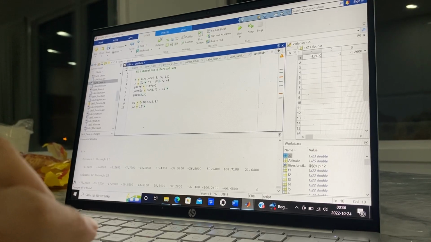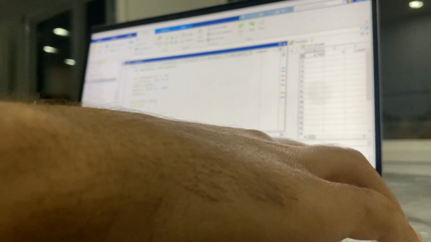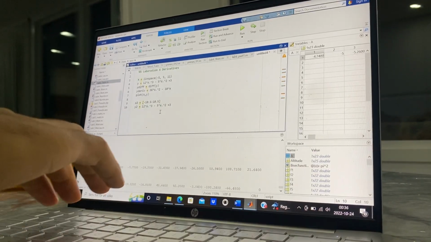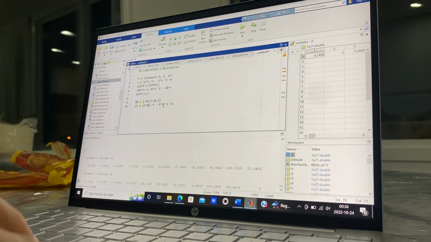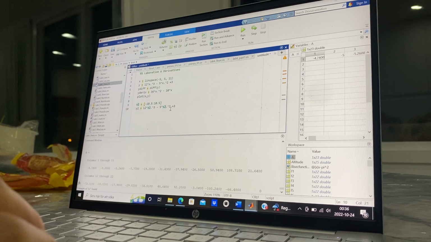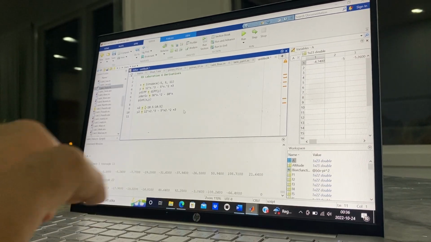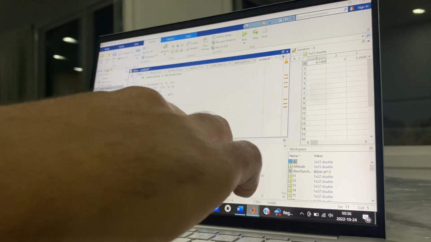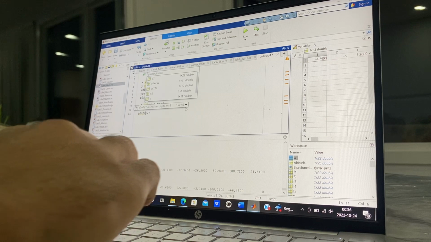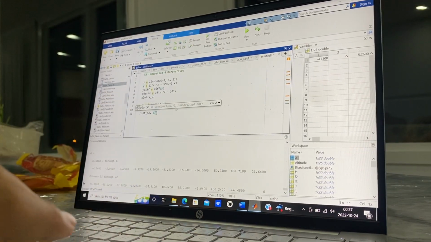I can copy it from here, paste it in, and then I need to change it to x2 here and x2 here. Yes, and then I'm going to plot this as well, x2, y2.